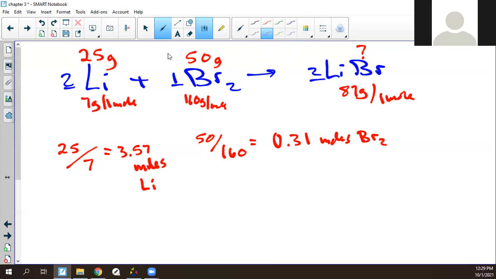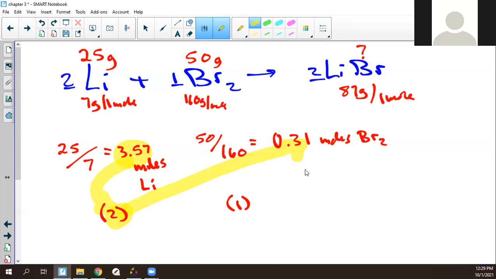So I'm going to look at the coefficients. This one's a 2, right? This one's a 1. So I go to the bigger number and I ask myself, is 3.57 at least 2 times greater than 0.31? Yeah, it's way bigger, right?